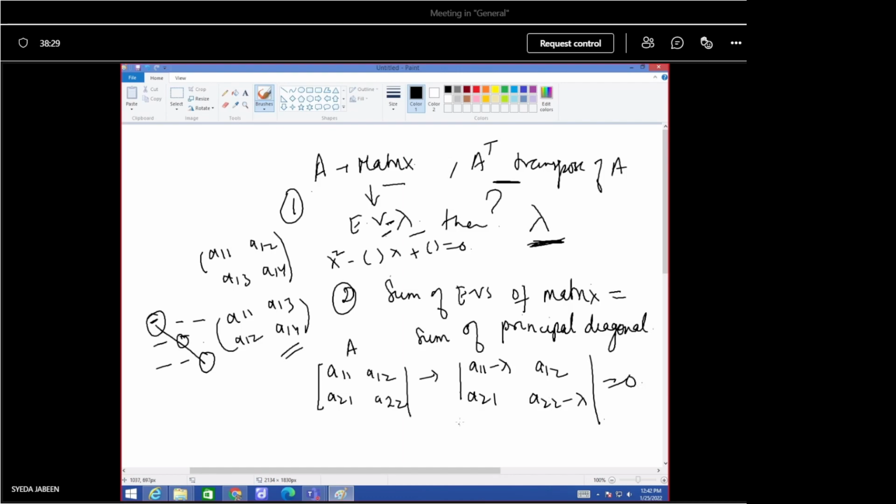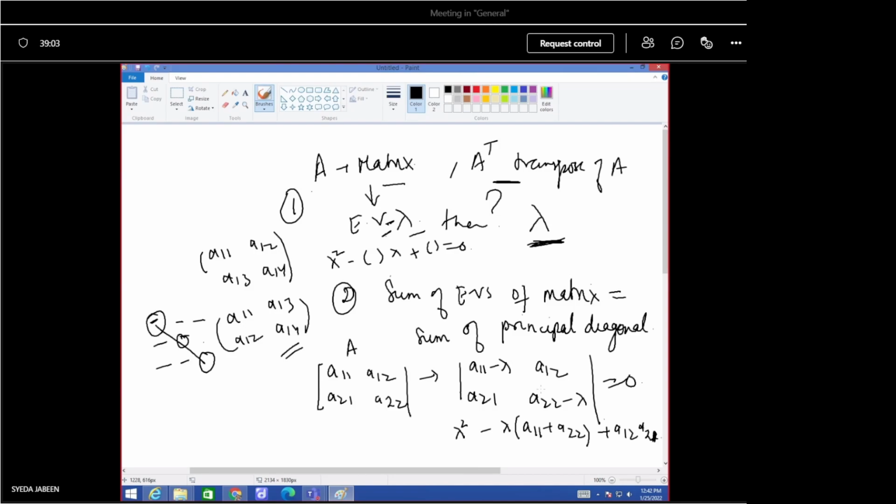This will be equal to 0. Now when we break this equation, you will get the equation in this form: lambda square minus lambda into (A11 plus A22) plus A11 into A22 minus A12 into A21. You can break it down and see if I have made a mistake. So you will get something like this.